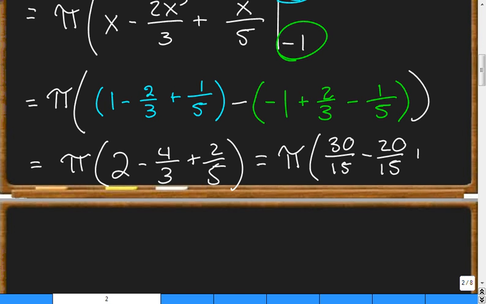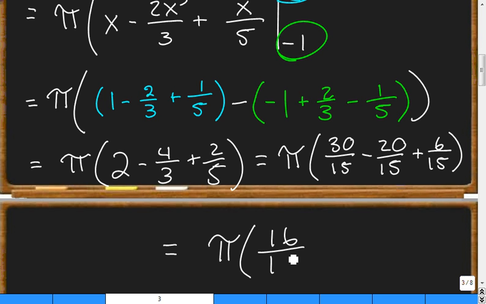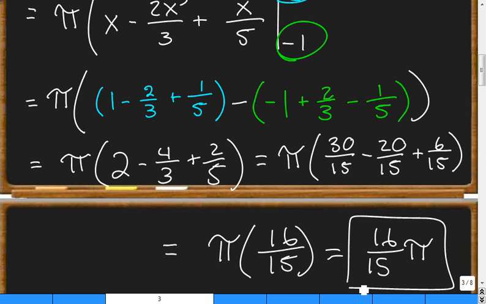And this will be 6/15. So all in all, we have pi times 16/15, which is the same thing as 16/15 times pi. So that is the volume that we're looking for right there.